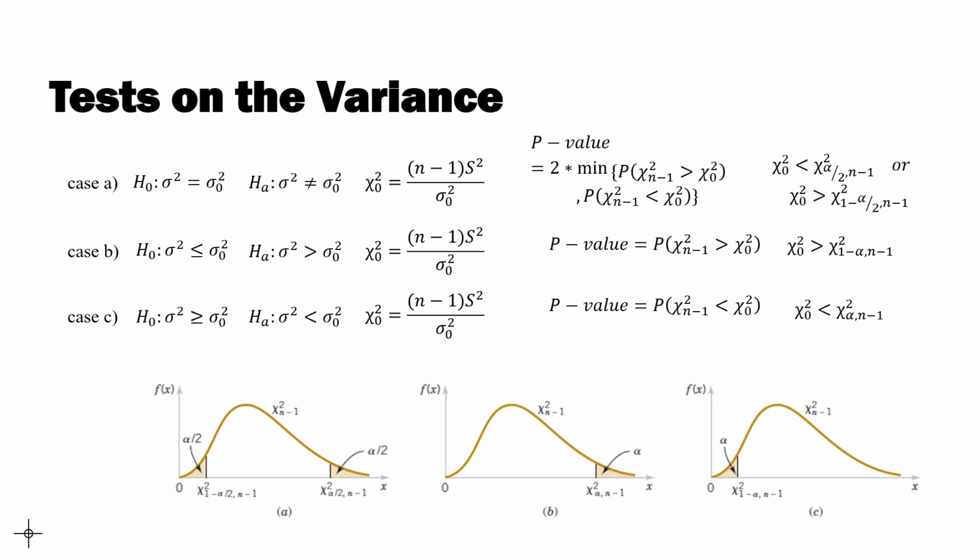In this test, the rejection region is in the lower tail, meaning we only consider whether the chi-squared test statistic is significantly small. If the test statistic falls within this lower rejection region, we reject the null hypothesis in favor of the alternative. Again, the size of the rejection region is determined by the chosen significance level.